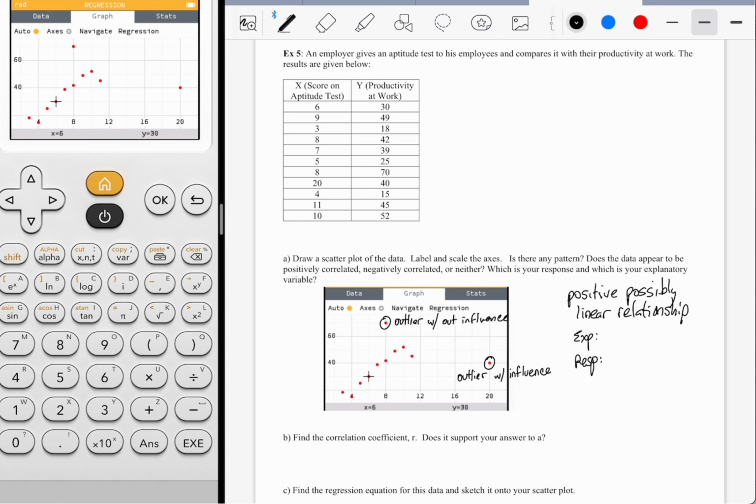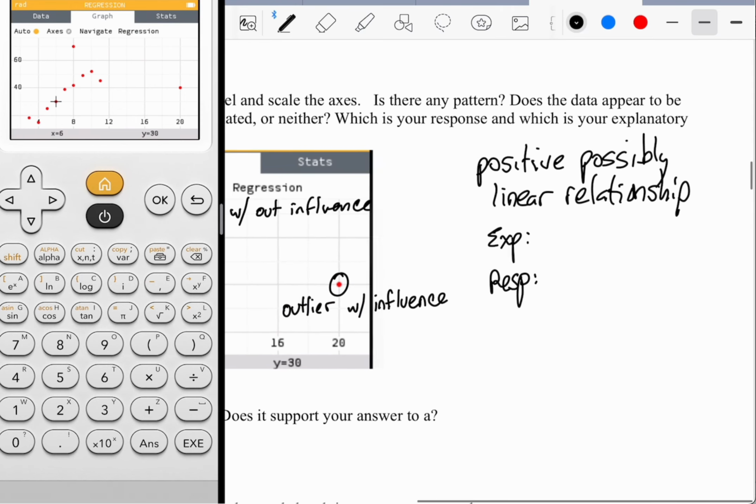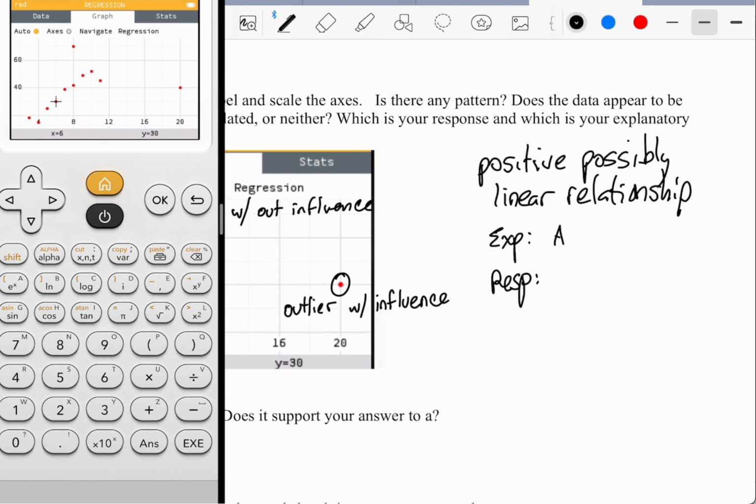I mean, I don't know if it'll cause it, and there's flaws everywhere, but I would think that you would not measure a person's aptitude after they've already demonstrated that they can do the work. Hey, how good will you be at doing the work? Well, I just showed you last week.